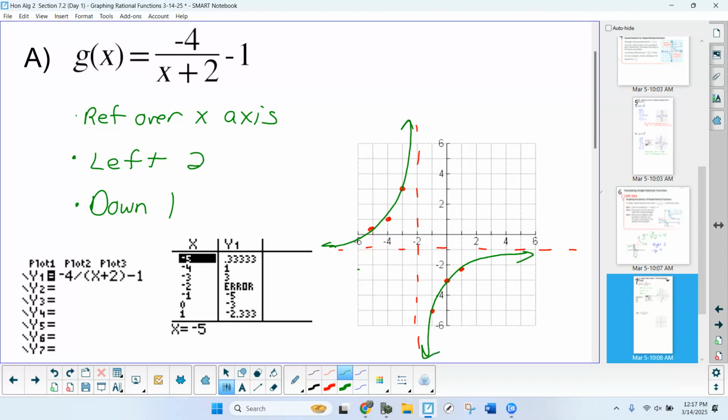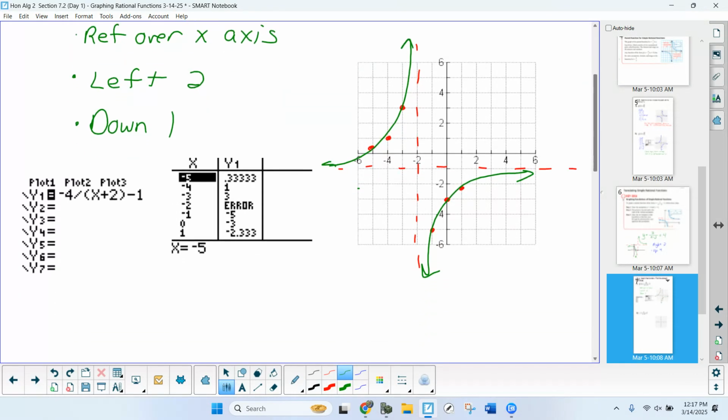Now, did this one ask us for domain and range? Yeah. What's domain? So let's think about this. What is the domain? It's x. Does it go left forever? Does it go right forever? But what's x not allowed to be? So x cannot be -2. You can see that right here. When x is -2, it says error, undefined.